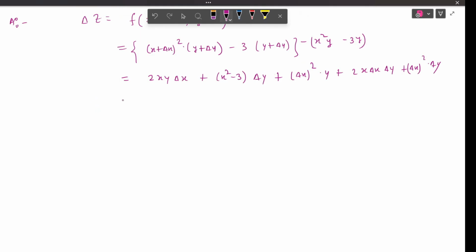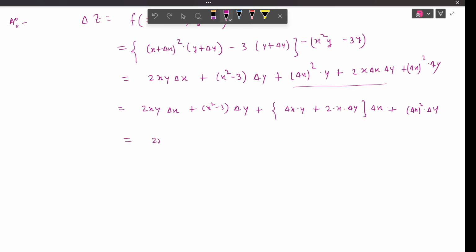So we can say that this is (2xy delta x plus x square minus 3 delta y) plus this is delta x into (y plus 2x into delta y), if we take delta x common from this, and delta x square into delta y.